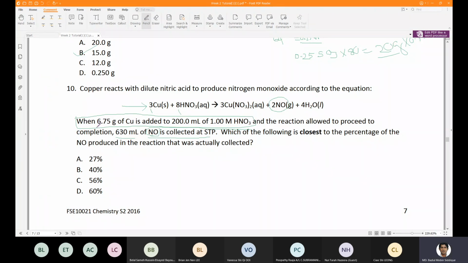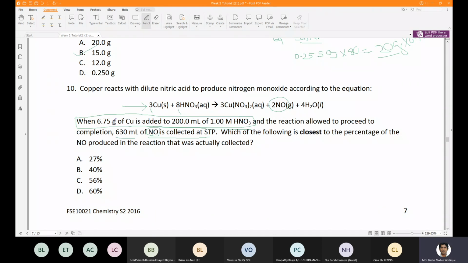Now it says that 6.75 grams of copper is added to 200 milliliters of nitric acid. First of all, if I add this much copper and nitric acid, how much nitric oxide, NO, was I supposed to get?